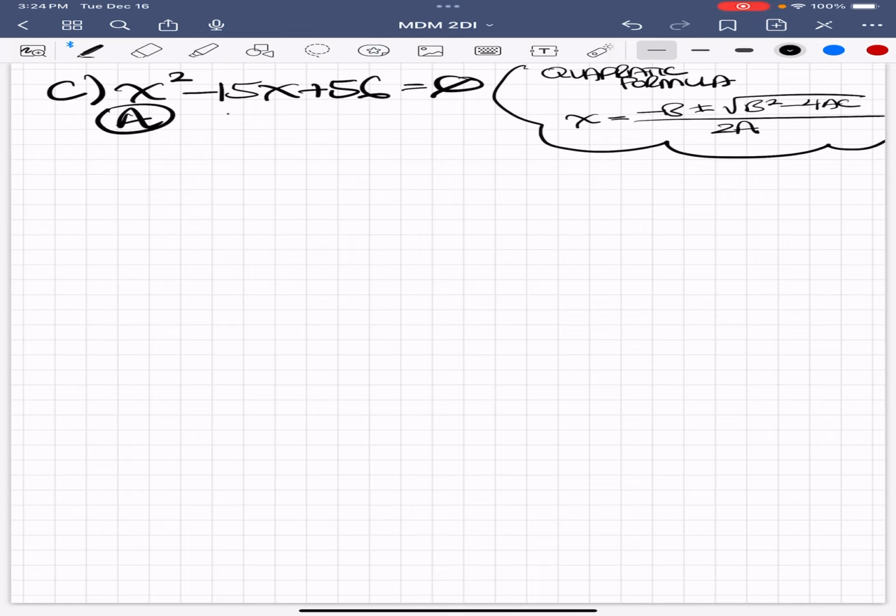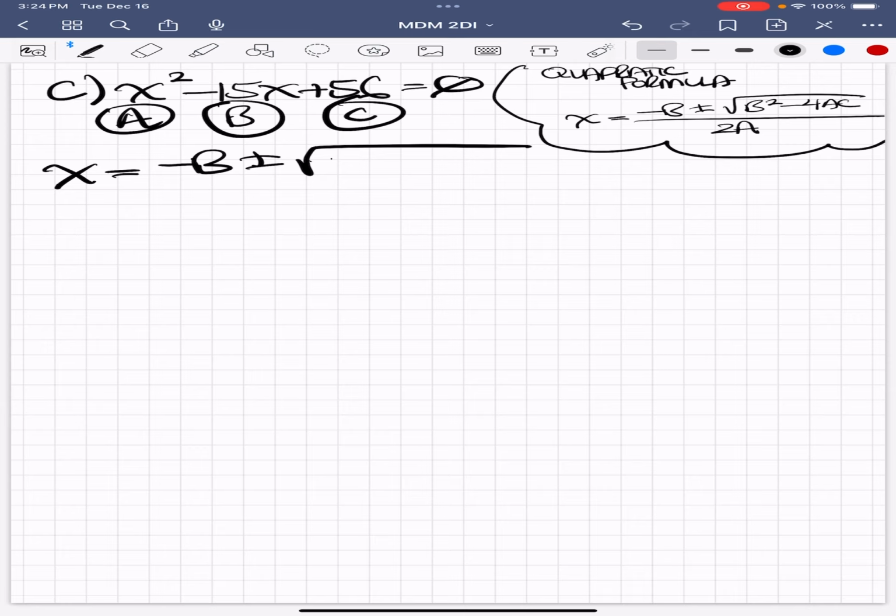We have a, b, and c. And then we have the quadratic formula, -b plus or minus the square root of b squared minus 4ac over 2a.